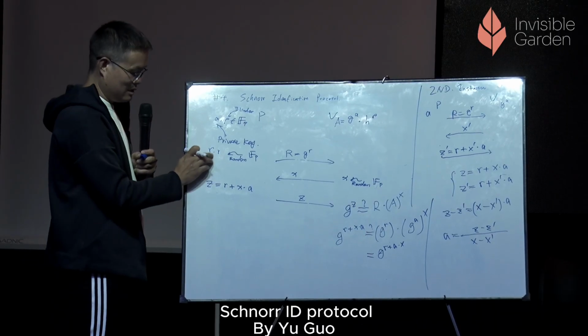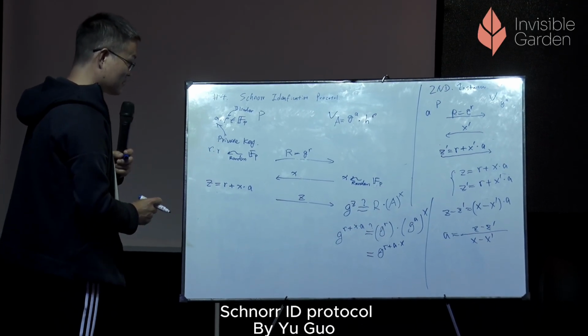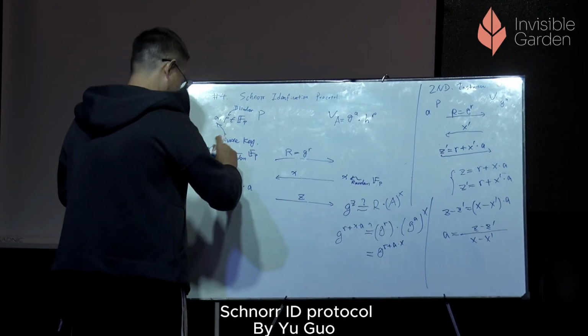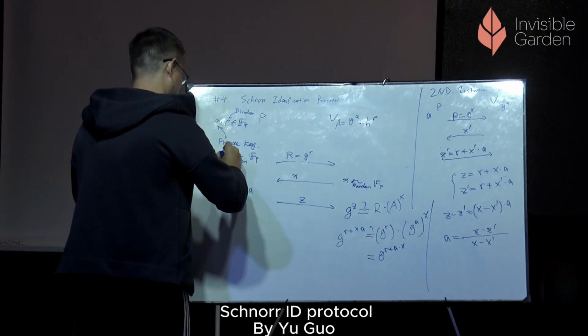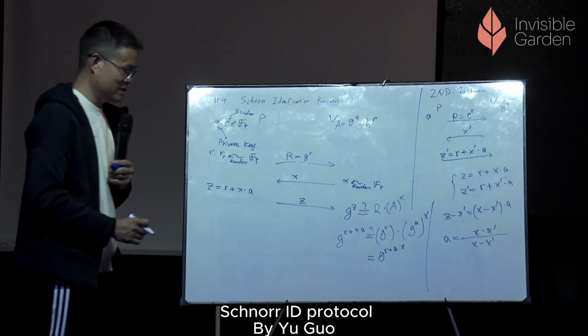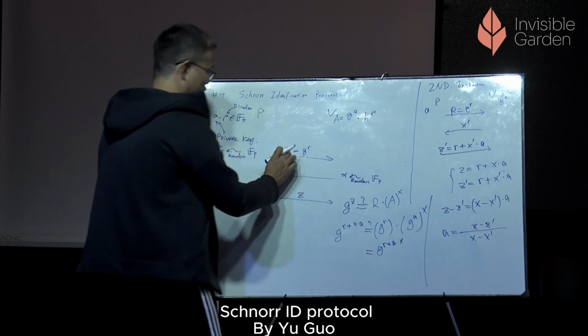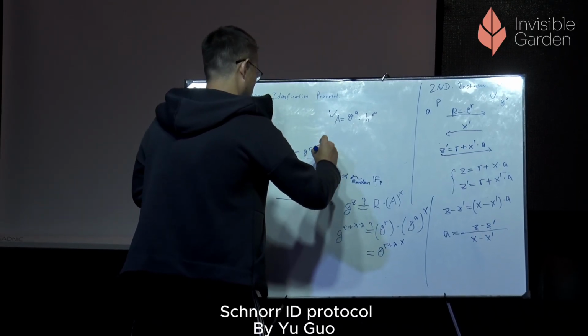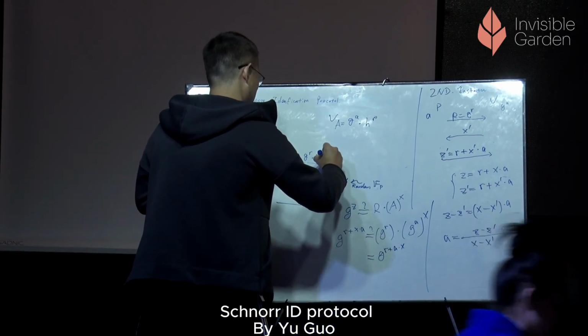Here we use R to denote the randomness used in the first step. And R and rho, the prover will sample two randomness, and the capital R will be g to R and h to rho.